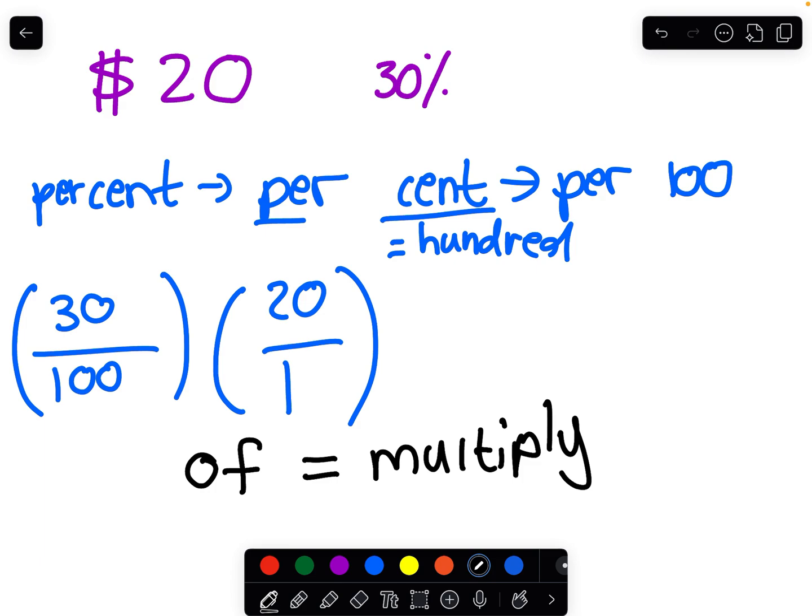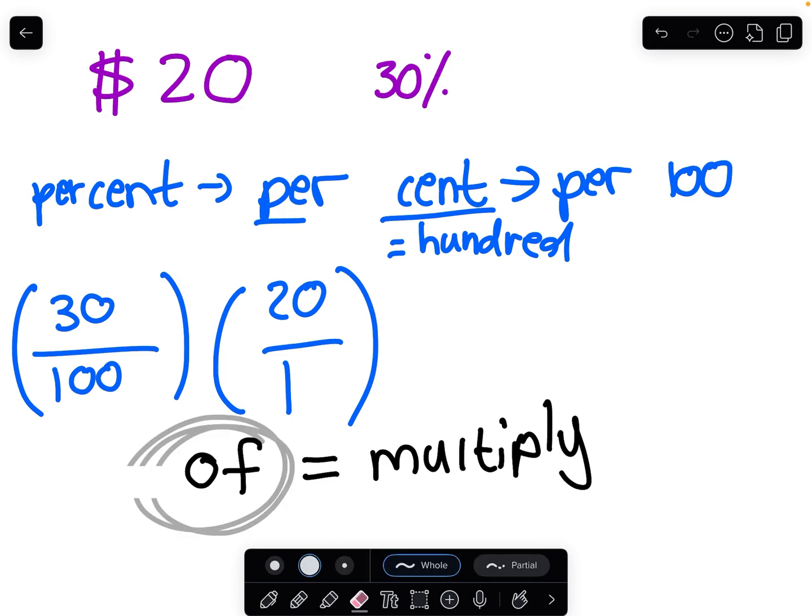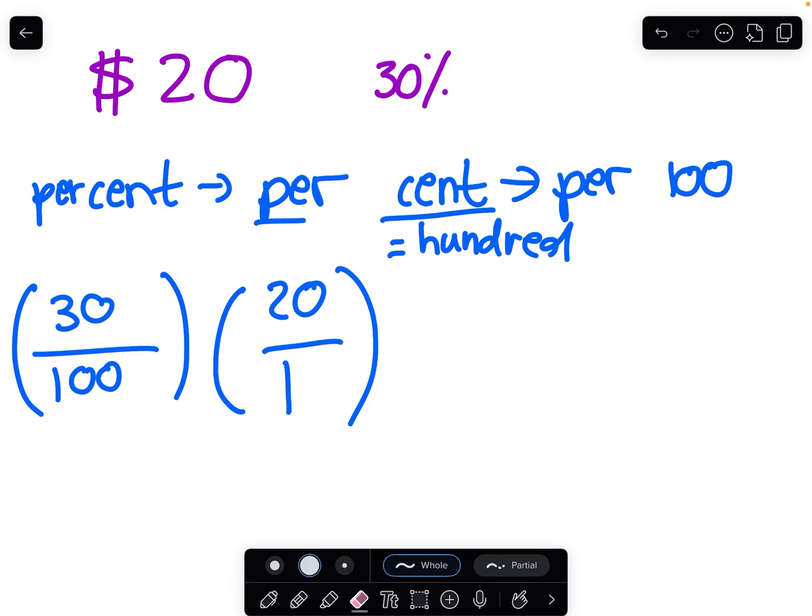If we want to know what 1/2 of an amount is, we use multiplication to find the answer. So "of" means multiply, and with percentages it's no different.